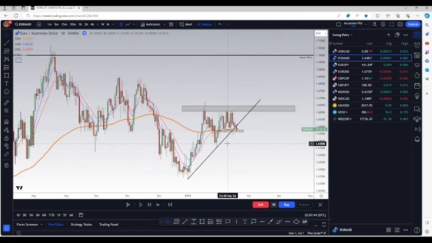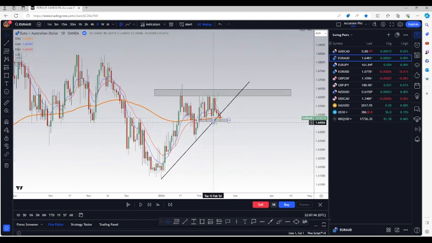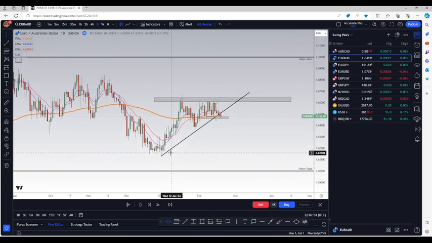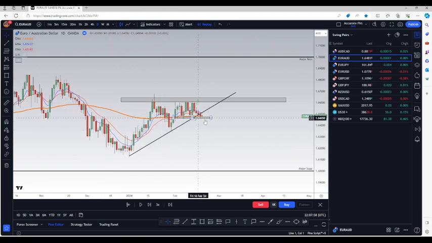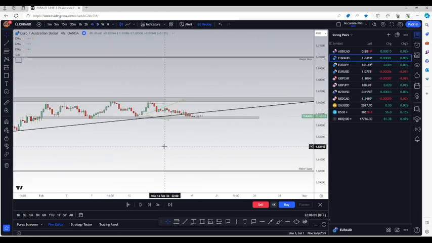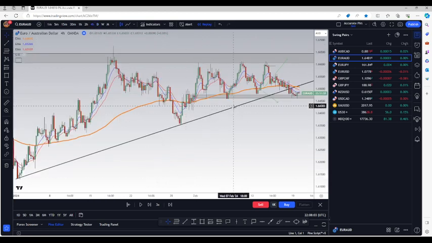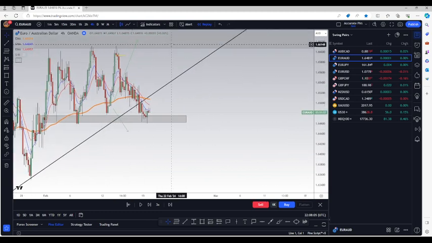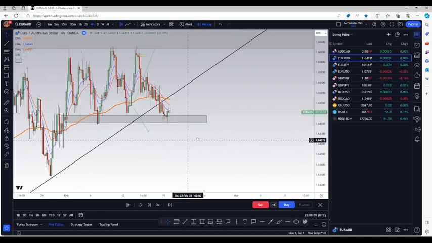So if price does break below that support level, then we're going straight down to point B of this trend line, even down to the beginning of the trend, I think. But if we don't, then I can see price coming back and retesting this resistance level up here.